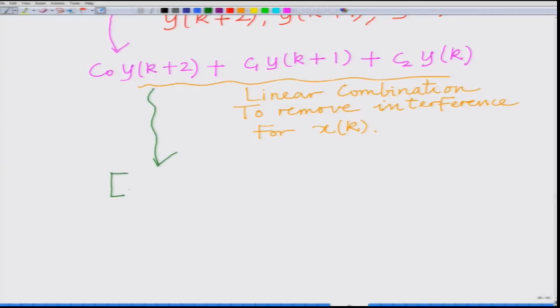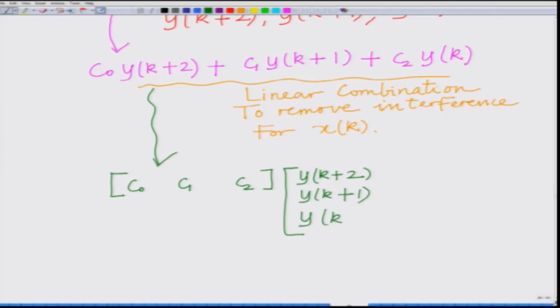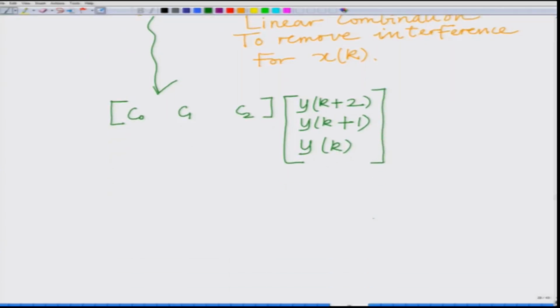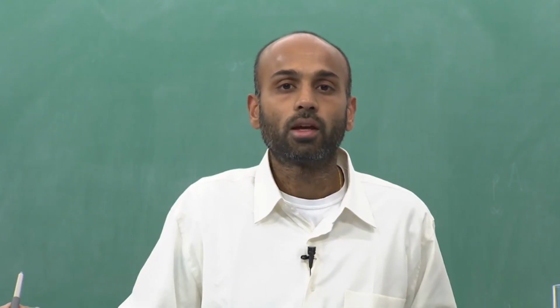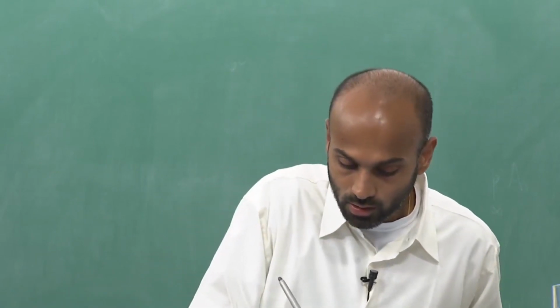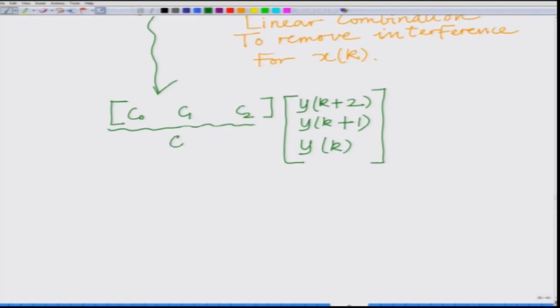Now, I can write this linear combination as the row vector C0, C1, C2 times the column vector yk plus 2, yk plus 1, yk. And this row vector is nothing but C bar transpose, the transpose of the equalizer vector, times y bar of k.